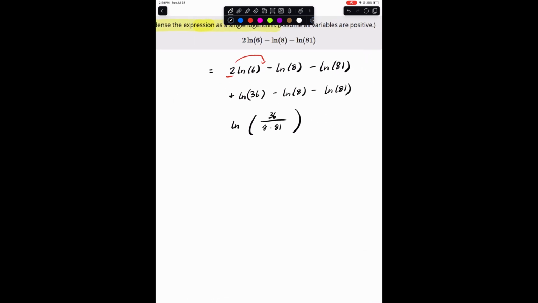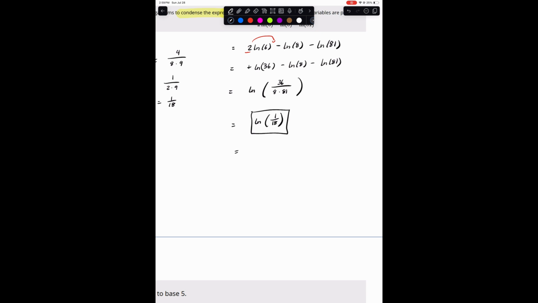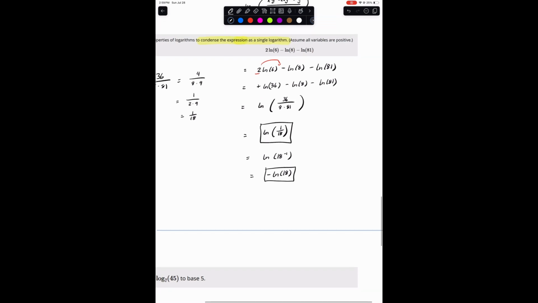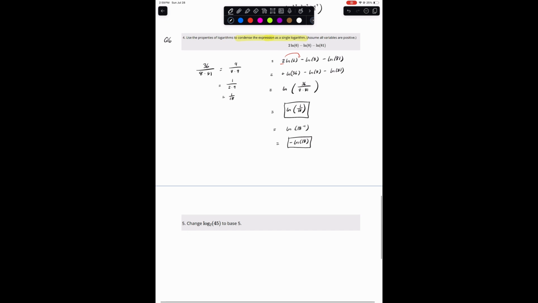So this equals natural log of 1 over 18, and that could be your final answer, right? If you want to take it one step further, this is natural log of 18 to the power negative 1. So it's negative natural log of 18. Either way, both answers are valid according to the question.